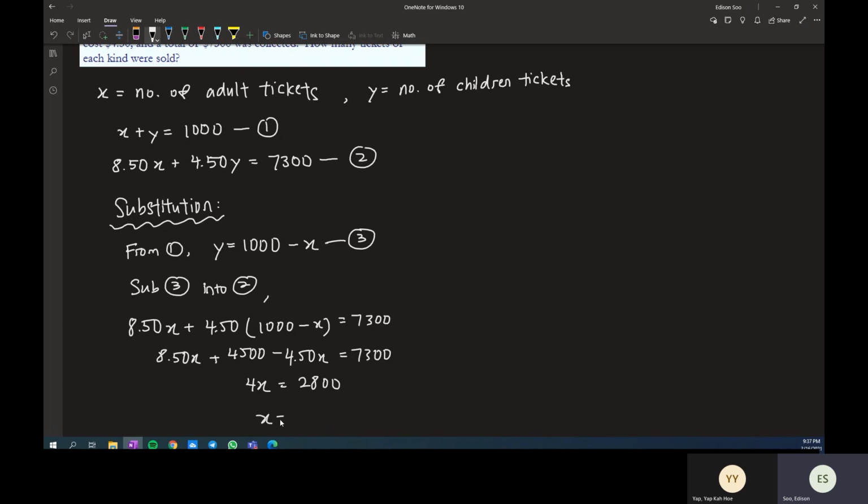Yeah, x equals 700. Right, so now we know that the value of x, which is the number of adult tickets sold, is 700. So we can sub x equals 700 into equation 3. And we will get the value of y as 700.